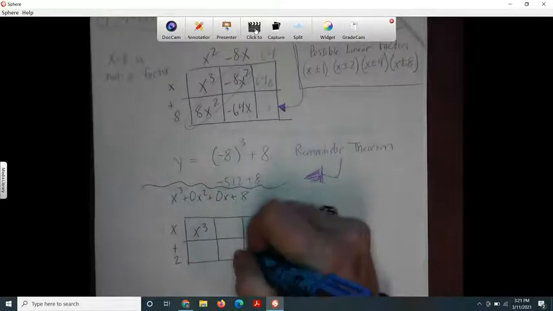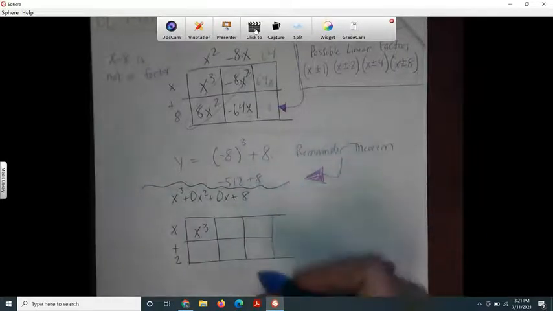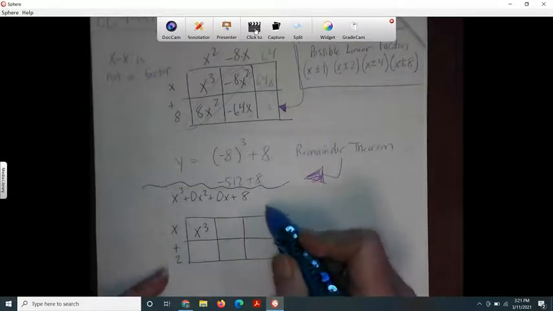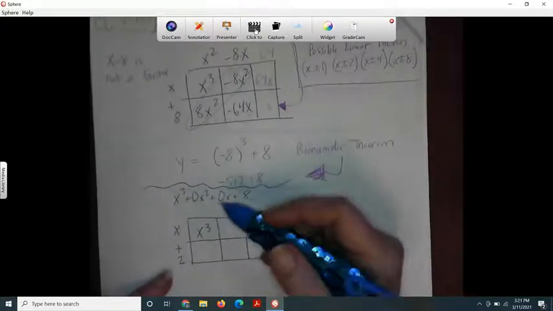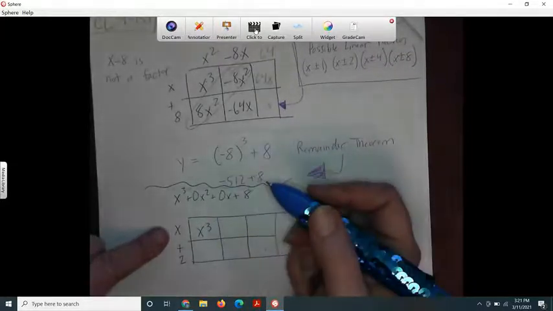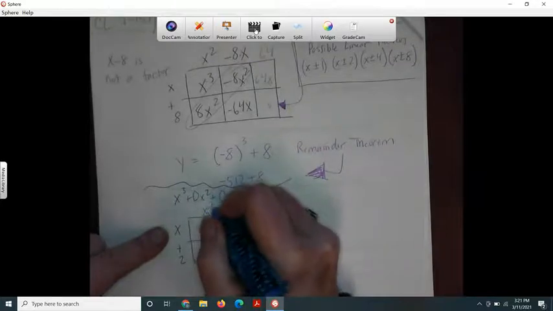So the way you start these out is you go x times what is x cubed? Well, x times x squared. And then now that you have that up there, since this is a multiplication box, x squared times 2 is what has to go here.